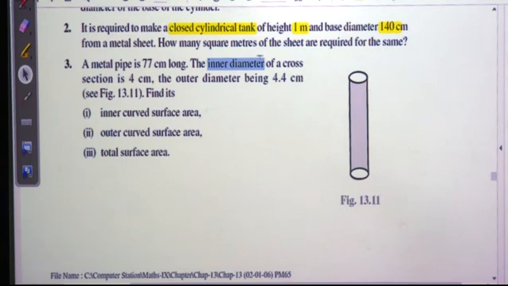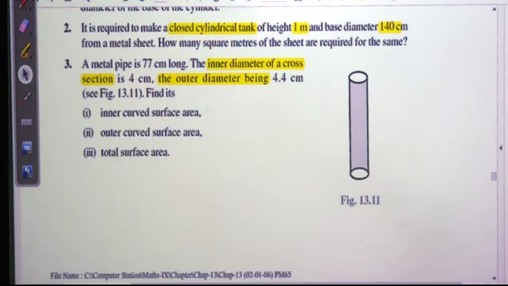Inner diameter of a cross section is 4 centimeter and the outer diameter being 4.4 centimeter. Inner diameter 4 centimeter, outer diameter 4.4 centimeter. Okay. What to calculate? What to find out? Inner curved surface area, outer curved surface area, total surface area.